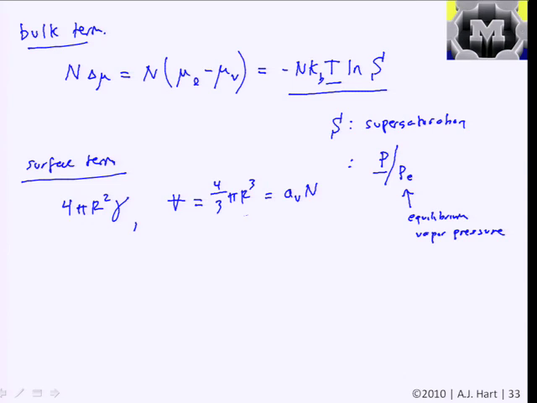And if we used this to build a relationship between r and the number of atoms of the system, we could then say that 4 pi r squared, we won't go through the steps, is equal to the quantity 4 pi times 3 times the atomic volume divided by 4 pi to the 2/3, multiplied by the total number of atoms to the 2/3.